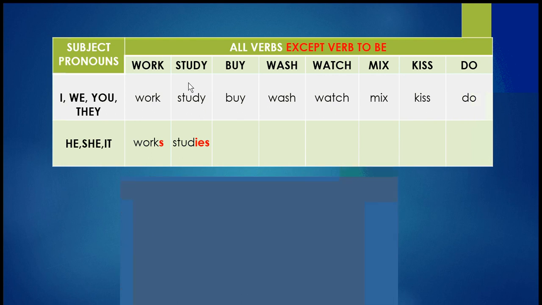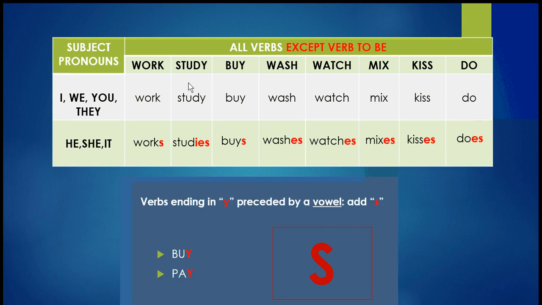What happens with buy? With those verbs with a final Y but preceded by a vowel, we only add an S. Buy, pay: verbs ending in Y preceded by a vowel only add an S.